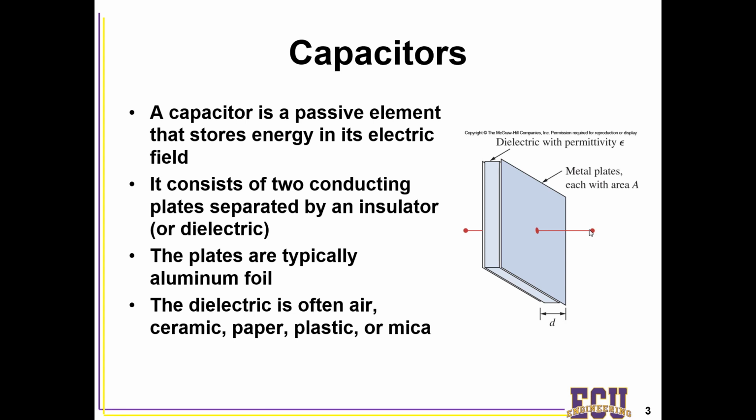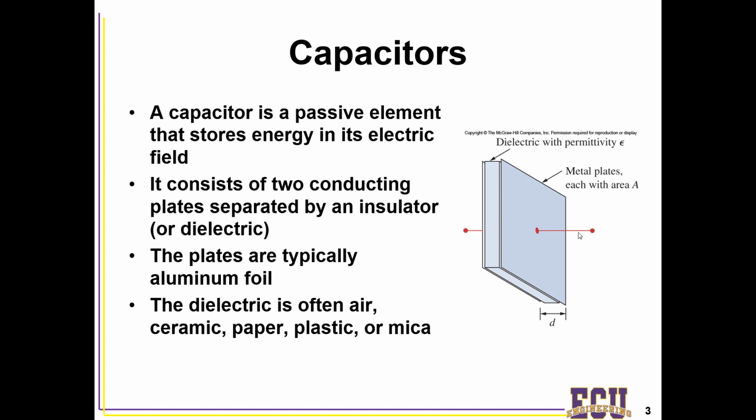You may see them as round, you may see them as square. They come in a variety of different shapes, colors, sizes, but they all are capacitive in one way or another. Some have polarity and some do not, meaning you have to put them in your circuit in a particular orientation with the positive and the negative oriented properly, or you will have some problems.